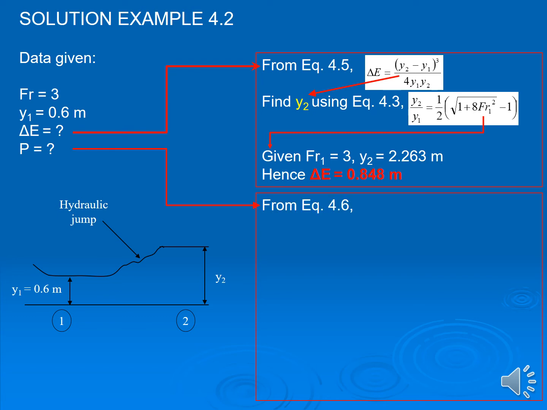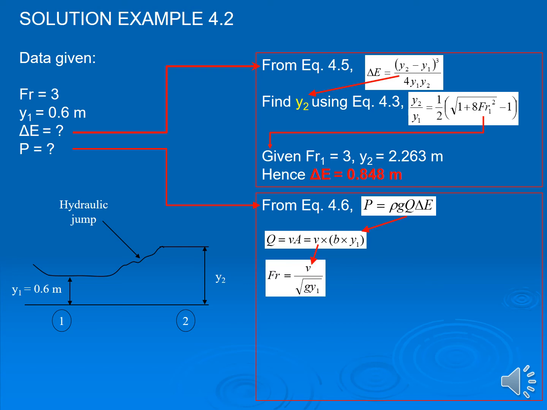Okay, for P, power, you can use equation 4.6. And how to find the Q? Q equals AV, and for a rectangular channel, we find A by B times Y1. However, we don't have the value of velocity.